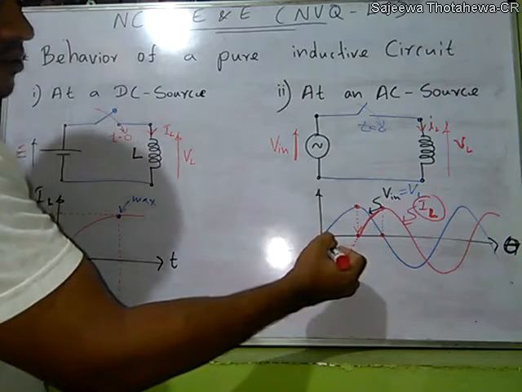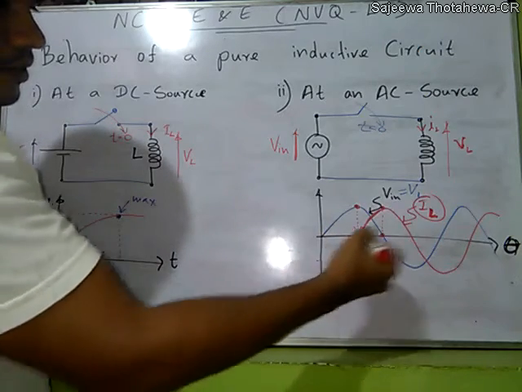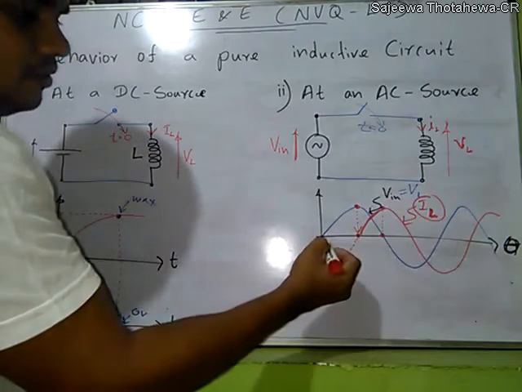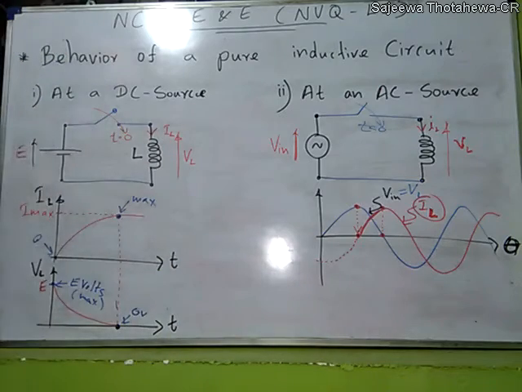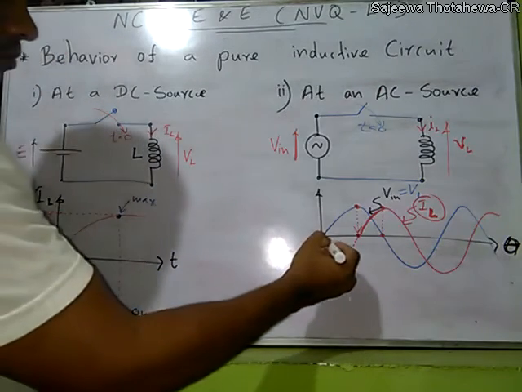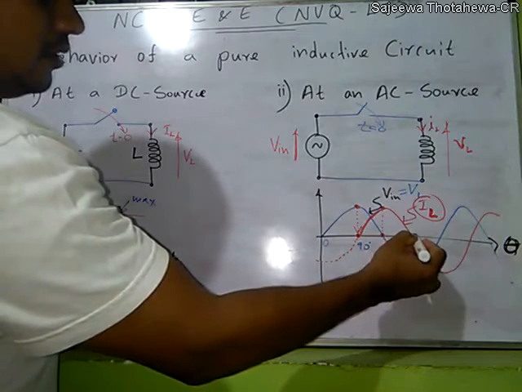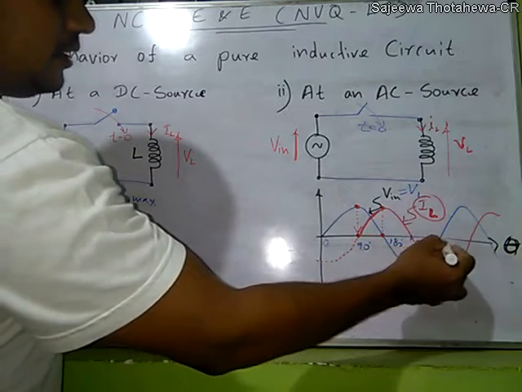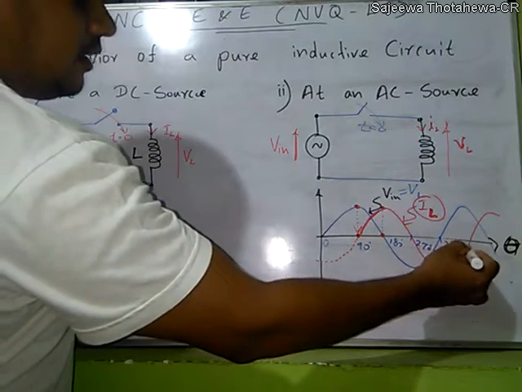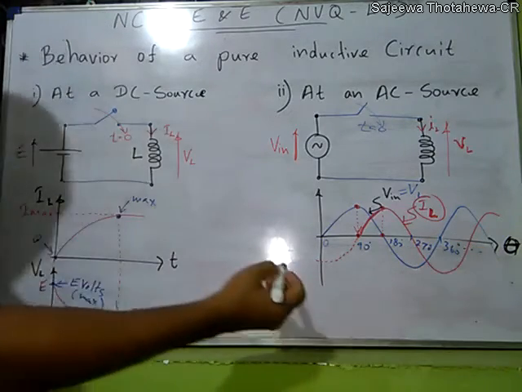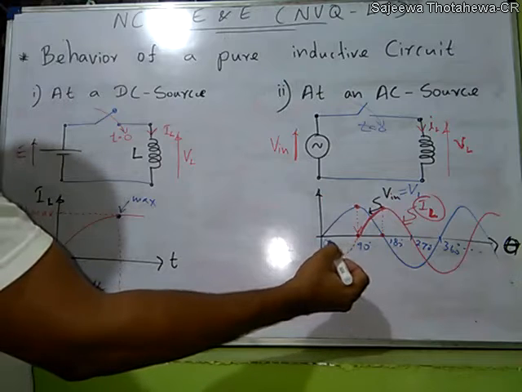Let's mark first this x-axis or the angle axis: 0 degrees, then 90 degrees, 180 degrees, 270 degrees, 360 degrees, like that. You can mark 90 by 90.